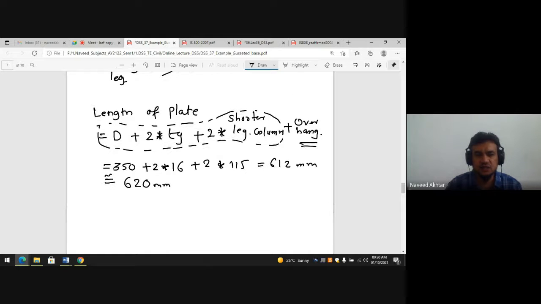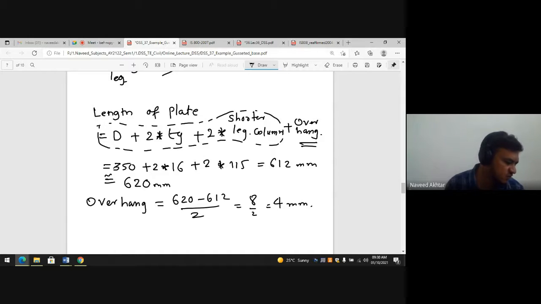So what is the overhang? If we calculate, overhang is equal to 620 minus 612, divided by 2, that is 8 by 2, so overhang will be 4 mm.